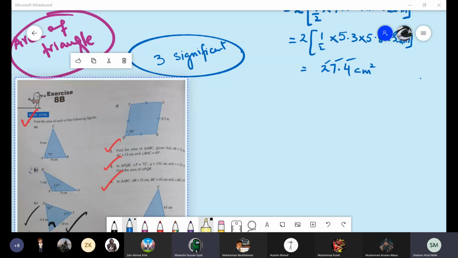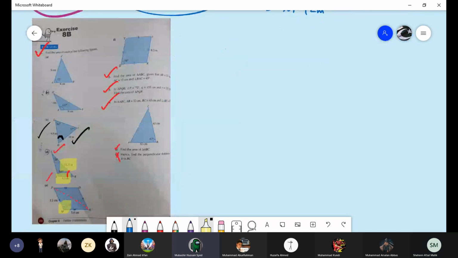So it means we can also use the formula for the area of a square. No, you have to choose the area of a triangle, Mubashir. Ma'am, if we cut it in half, it's a triangle, right? Yes. It's a square, ma'am, all 4 sides are equal. Okay.